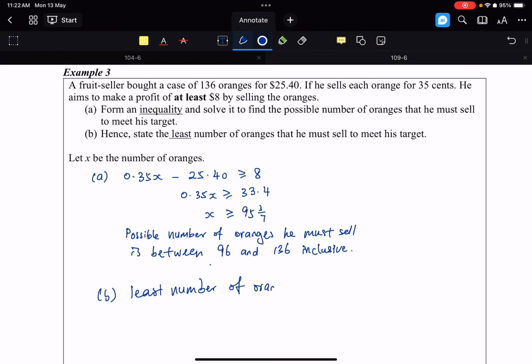Least number of oranges equals 96. Right, let's move on.